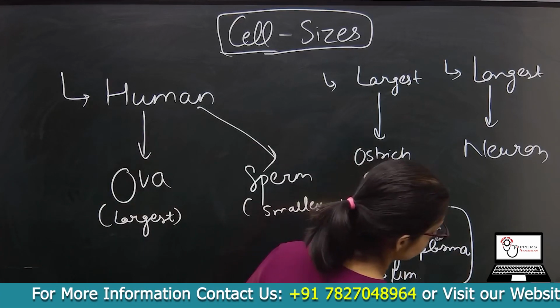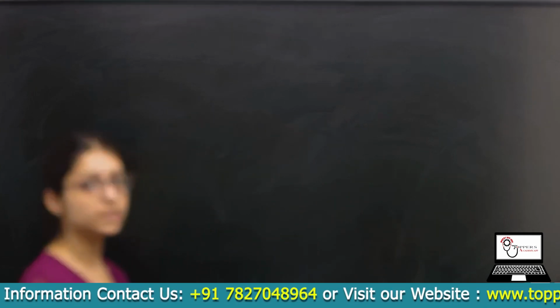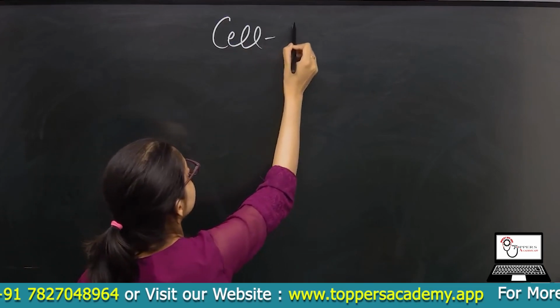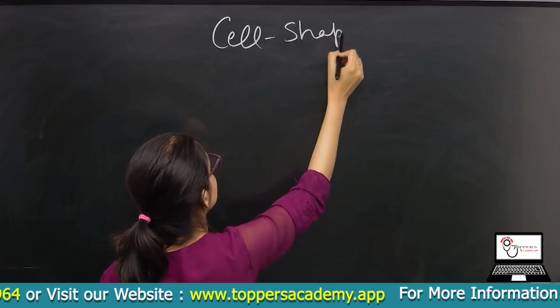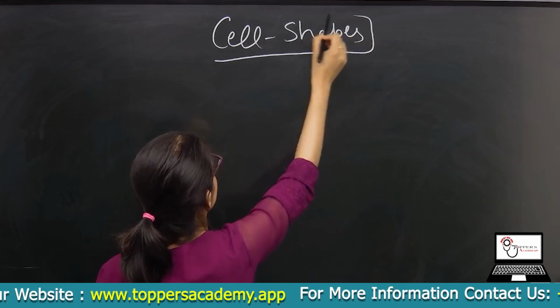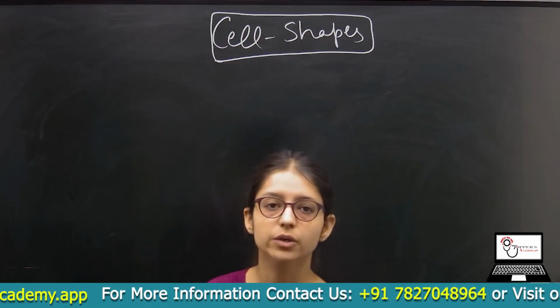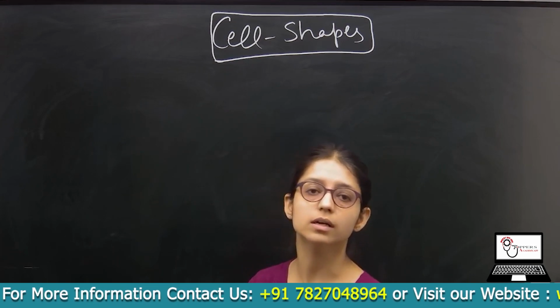Now we will discuss the cell shapes. Different types of cell shapes are present. It could be branched, irregular, cuboidal, longitudinal, round.